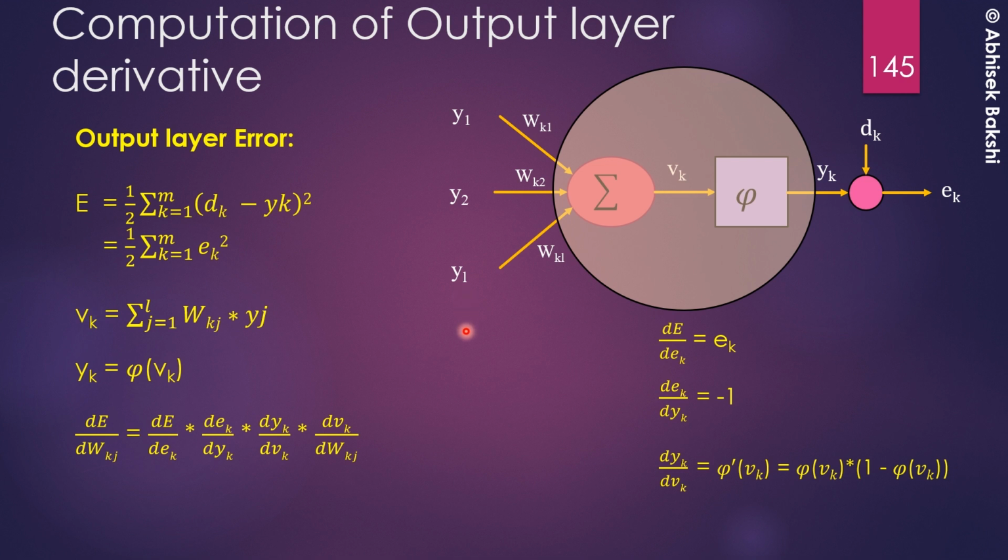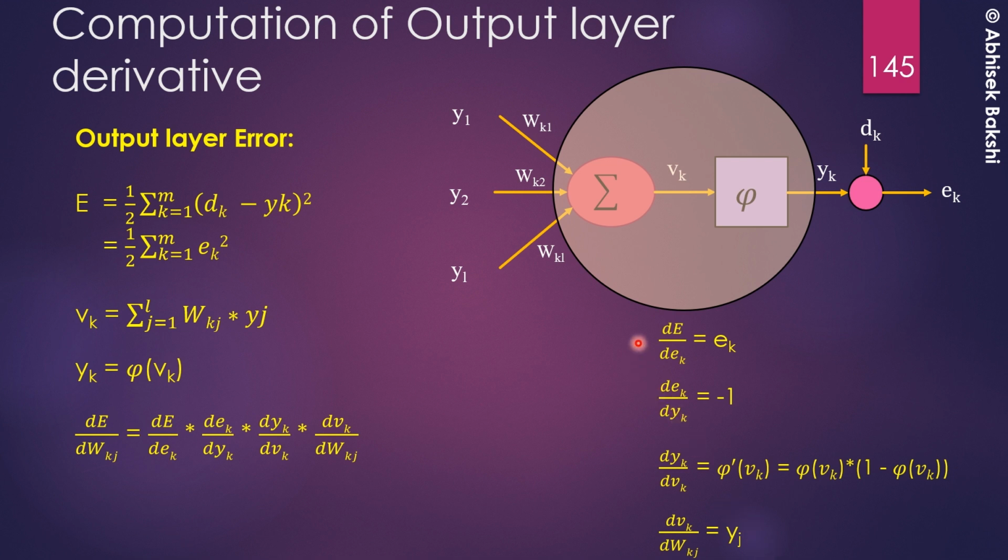So p equals x times yj. Now you are trying to find the derivative of p with respect to x. What will happen? This yj will be considered as a constant which will come out of the derivative, and the derivative of x with respect to x is 1. That means only yj will be left. That's happening here as well. So derivative of vk with respect to wkj is yj.